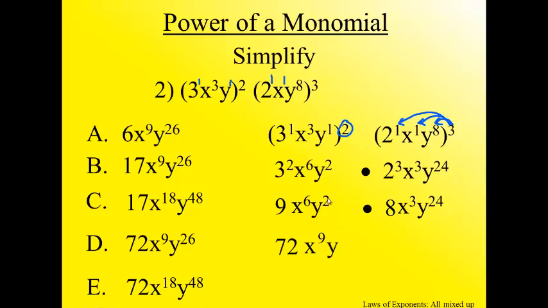You copy the base, add the two exponents. 2 plus 24 will give us 26. Now again, x and y are two different bases, so we cannot simplify this further. Our answer is now 72x9y26, which is option letter D.